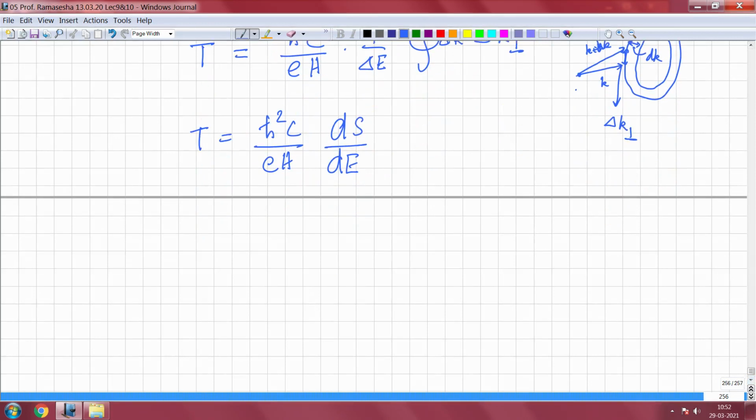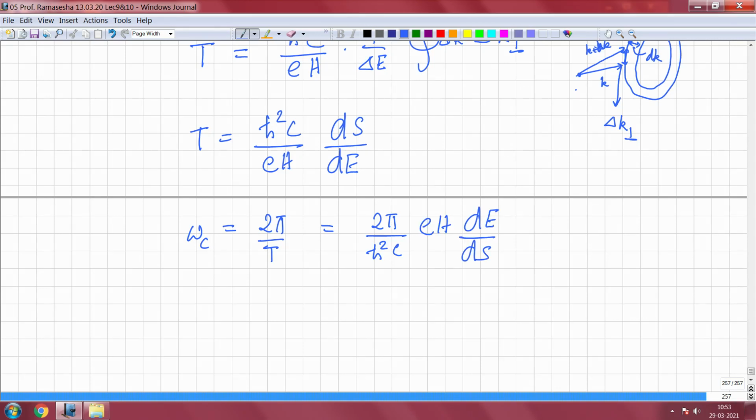So I can also write omega c is equal to 2 pi by T, so I can write it as eH by h cross squared c into 2 pi times dE by dS, because omega c is 2 pi by T.